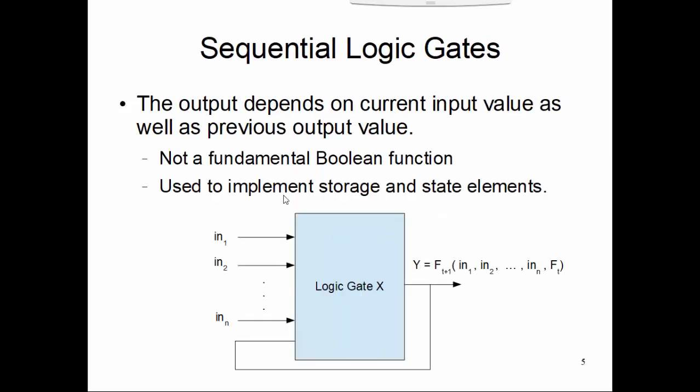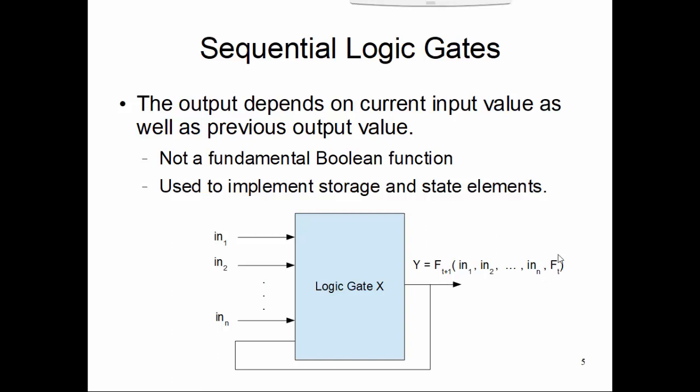The output depends on the current input values as well as a previous output value. So it's not a fundamental Boolean function, and it's used to implement storage and state elements. Again, those become a part of essential study in CS147. But just a sneak peek: for sequential logic gates, the output is a function of in1 to in n, and also a function of its value determined in the previous computation.